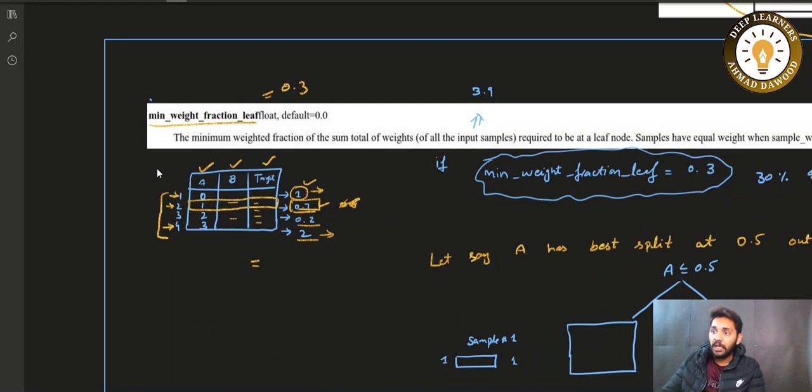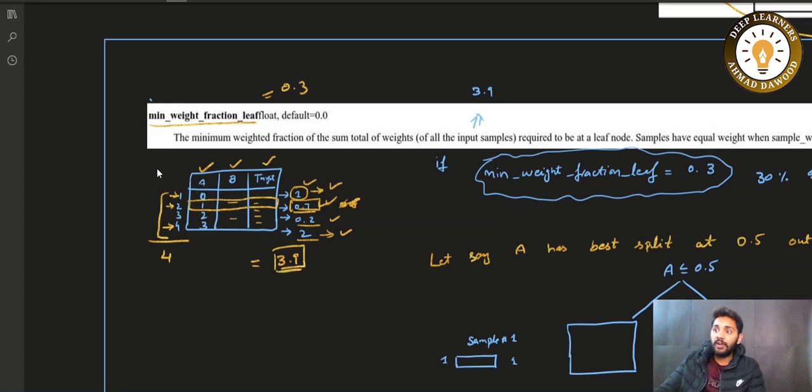Usually we count our total number of samples, like there are four samples, but when you are considering the weight of the samples, you consider the total weight. So the total weight of the data set is 3.9. This is 2, this is 0.2, this is 0.7, this is 1. When you sum all of them, it will be 3.9. So this data set has 3.9 weight.